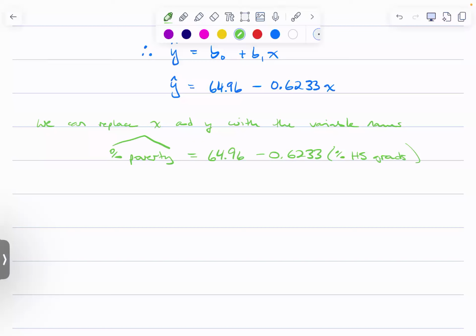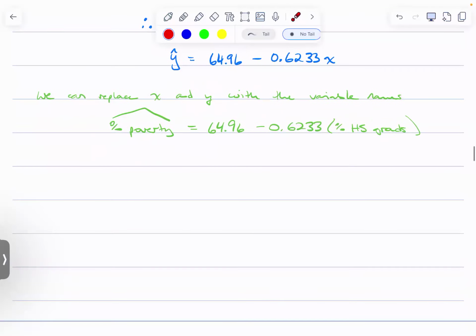So you can rewrite it that way, because remember, the next part of using this line is, okay, so some state has, I don't know, 80% high school grads. What's the predicted percentage in poverty? Then you would just put in the percentage of high school grads and you would get the predicted percentage in poverty.